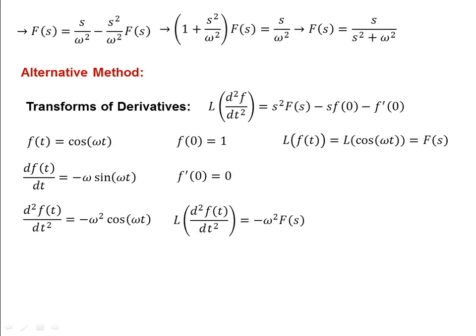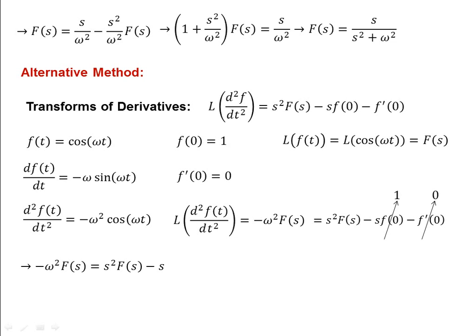On the other hand, I know from the theory of derivatives that the Laplace of the second derivative of a function is given by this relation. So if I equate this to s squared F(s) minus s f(0) minus f prime(0), and since f(0) is 1 and f prime(0) is 0, if I substitute the values and rearrange, I will have minus omega squared F(s) equal to s squared F(s) minus s.